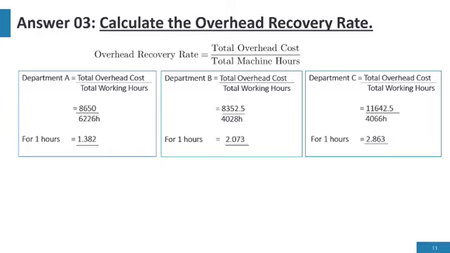Department B: 8,352.5 divided by 4,028 hours. For 1 hour equals 2.073. Department C: 11,642.5 divided by 4,066 hours. For 1 hour equals 2.863.